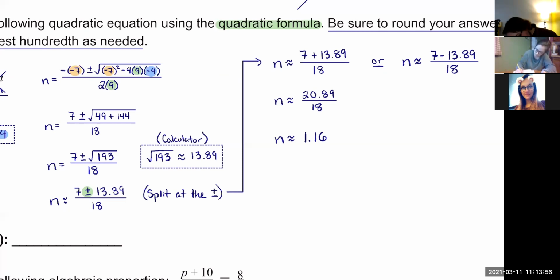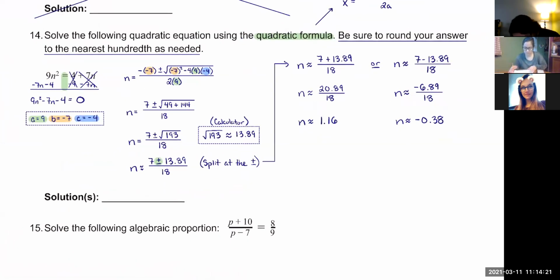And then moving to the right one here, 7 take away 13.89 is negative 6.89, and when you divide that by 18, negative 0.38.